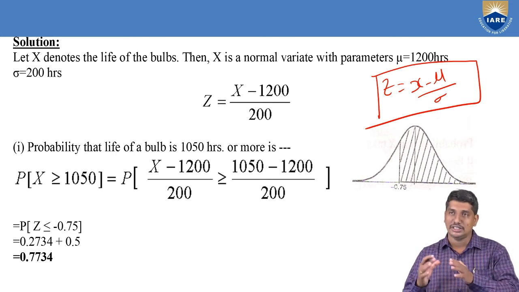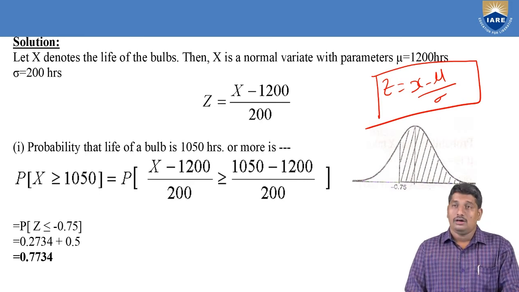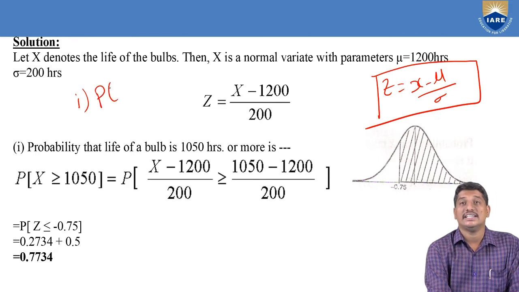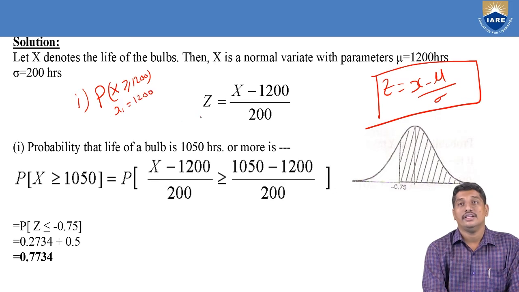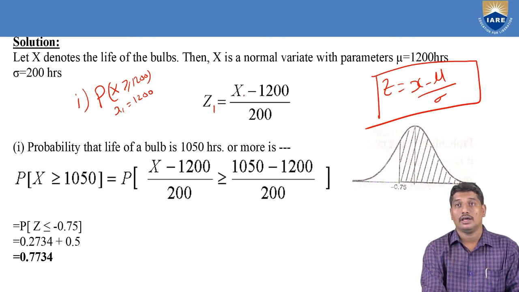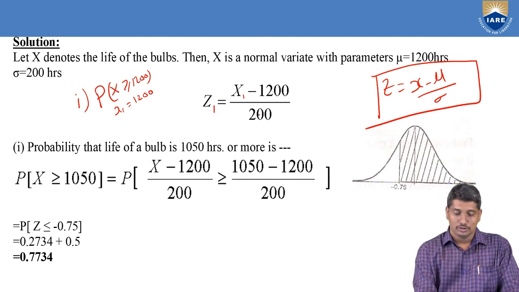We are changing the scale from x to z. Now, our first question is P of x greater than or equal to 1050. So let us take x1 is equal to 1050. Then z1 is equal to (x1 minus mu) by sigma. Sorry, here.